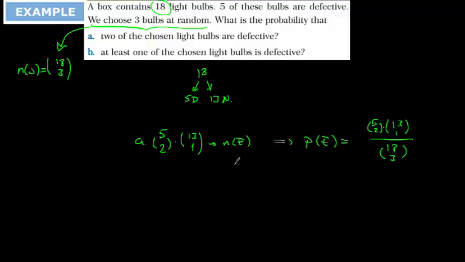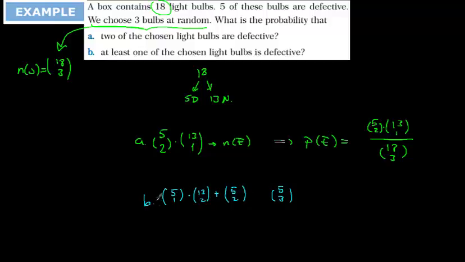What about the at least one, part B? At least one chosen light bulb is defective. So we should think about the cases of 1 defective, 2 defective, and 3 defective. When you choose 1 defective, totally you are selecting 3 light bulbs, so from the normal ones you are choosing 2 of them.